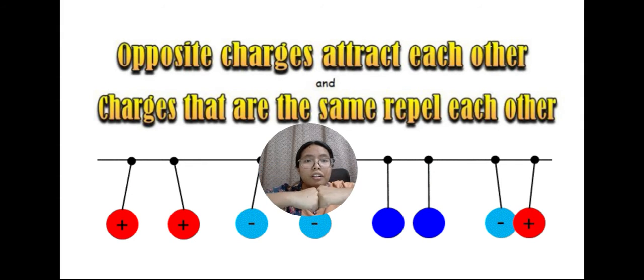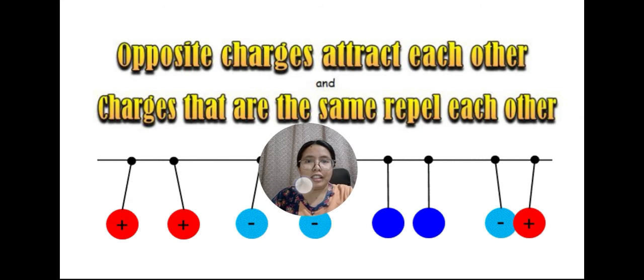So, attract, repel. Kailangan nyo lang maalala kung ano ibig sabihin ng attract. Attract, parang magnet, nagdidikit. At kapag repel, nasubukan nyo namang magdikit ng magnet na ayaw kasi pareho sila ng charge. Pareho silang north o kaya parehong south dun ng ating magnet.